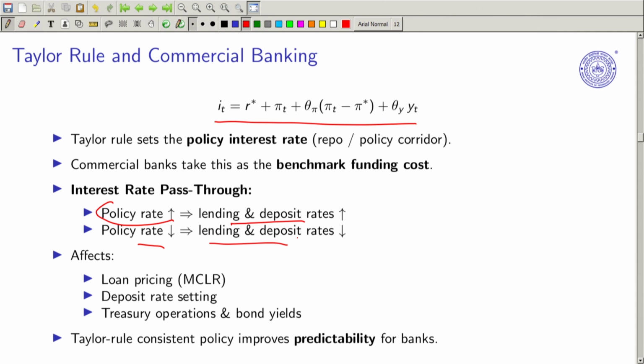The credit lending rate goes up, so the marginal credit lending rate also goes up. It also has a role in deposit rate setting. If the central bank is reducing the rate of interest, you will find that all the banks will also be cutting down their deposit rates.